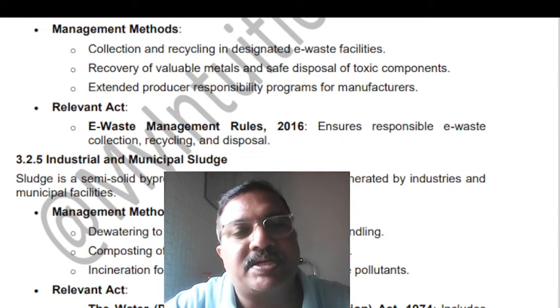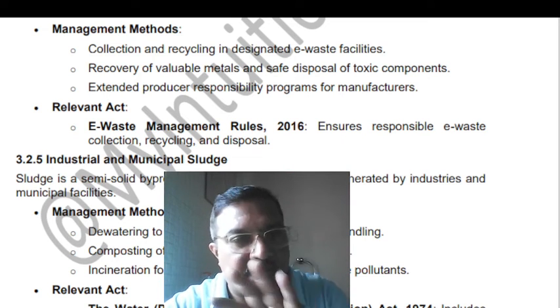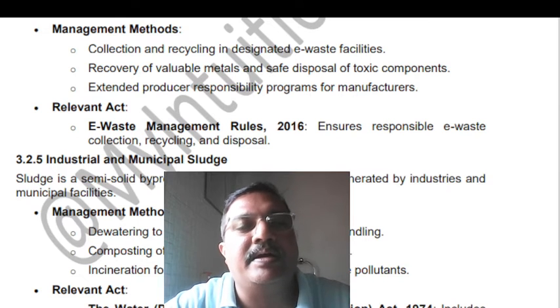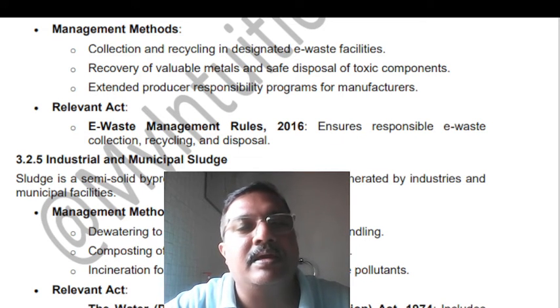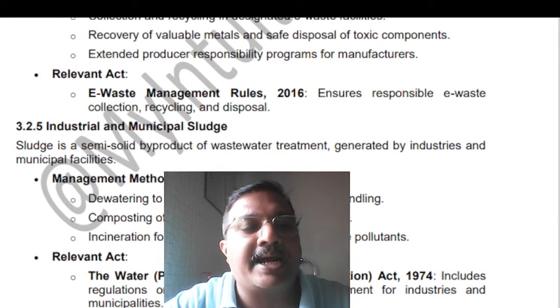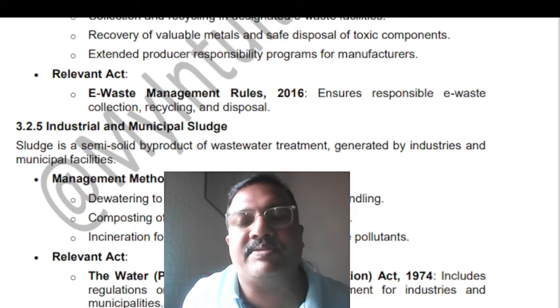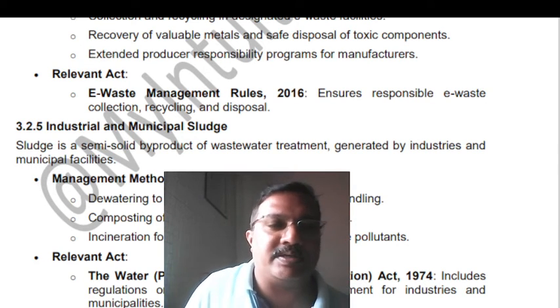Then safe disposal: toxic parts are separately and safely disposed of to prevent environmental damage. And the companies which make electronic products must collect or recycle all the devices. These are the managing methods. The relevant law is the E-Waste Management Rules of 2016, which ensure proper recycling and disposal of electronic waste.